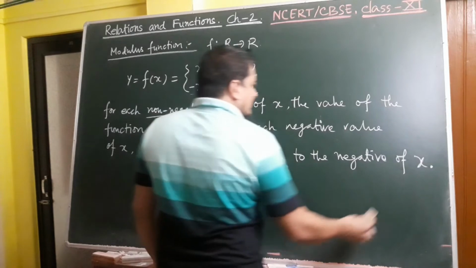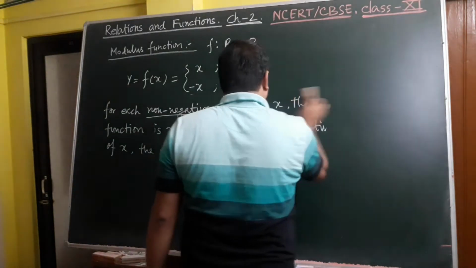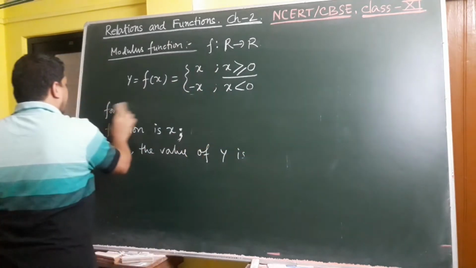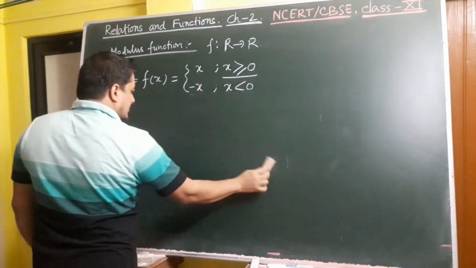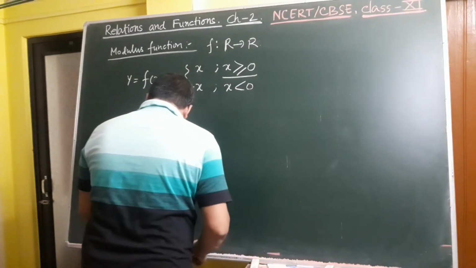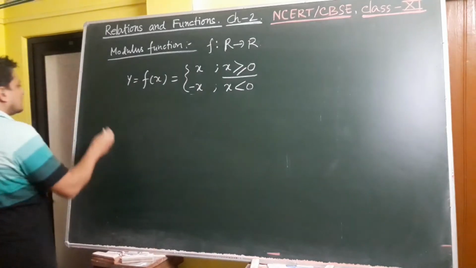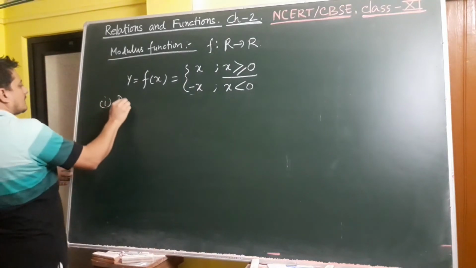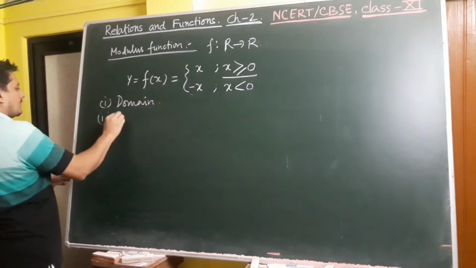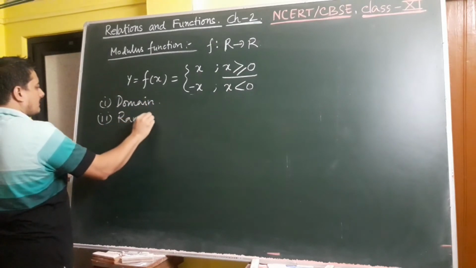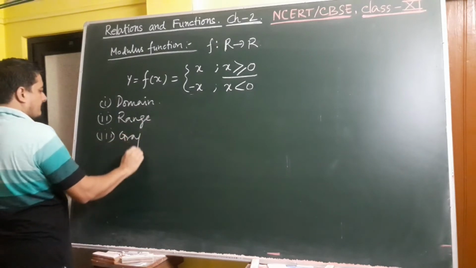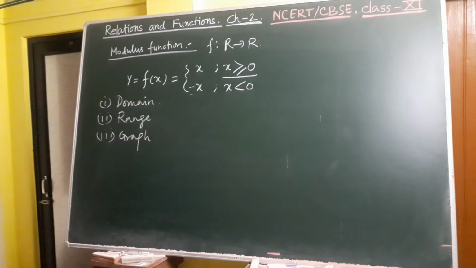Now, as you know, you have to find the domain and the range, and you have to draw the graph for this function. So we shall do the same thing. First we shall draw the graph.